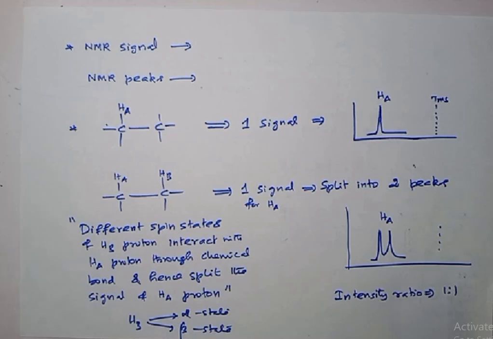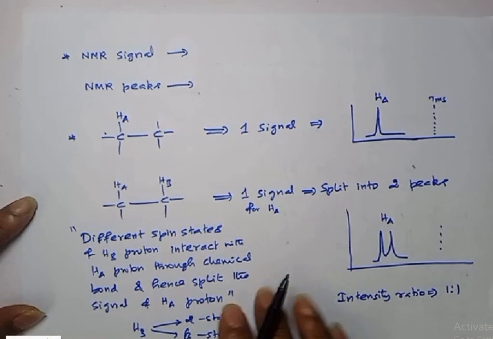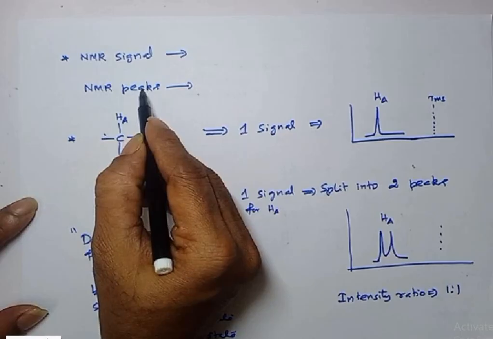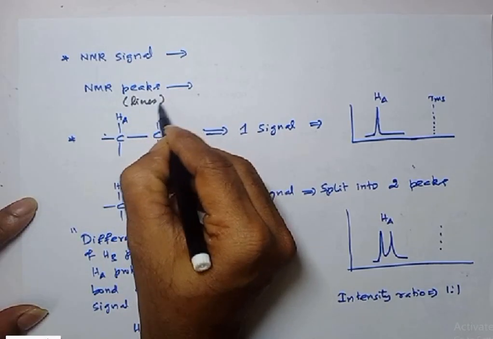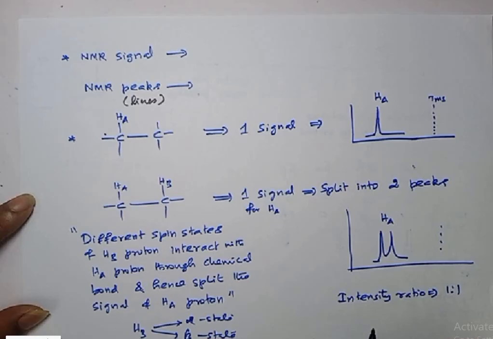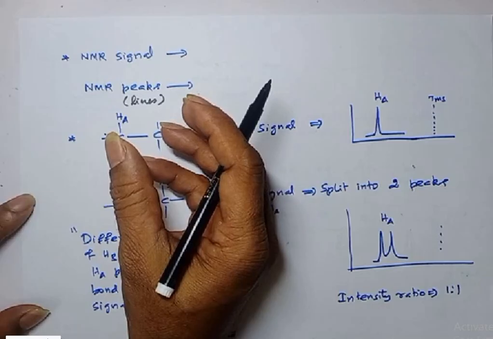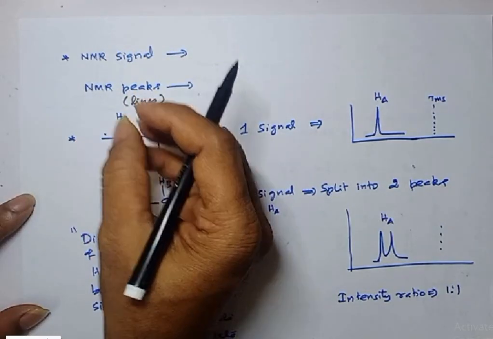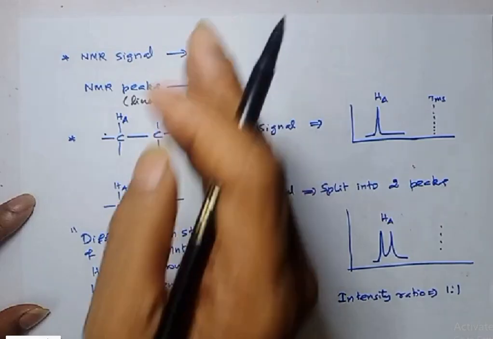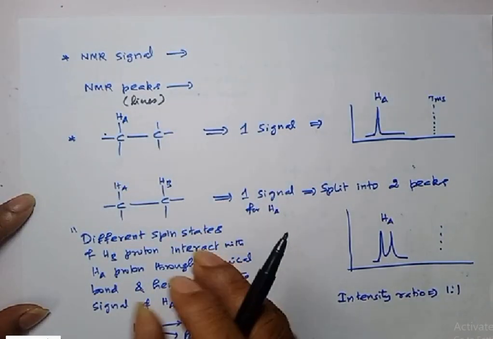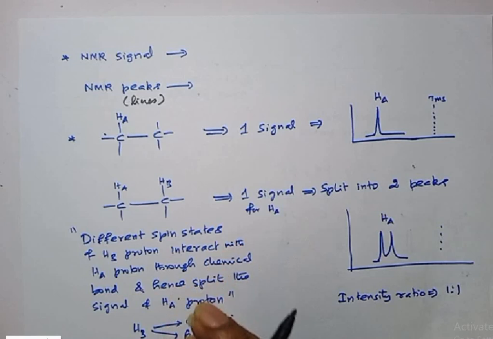In NMR we often use two words, NMR signal and NMR peaks or lines. What is meant by NMR signal? A group of equivalent protons absorb the radio frequency radiation and give a signal at a particular position.